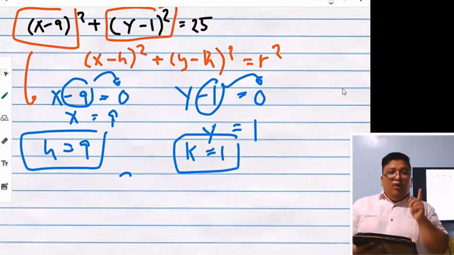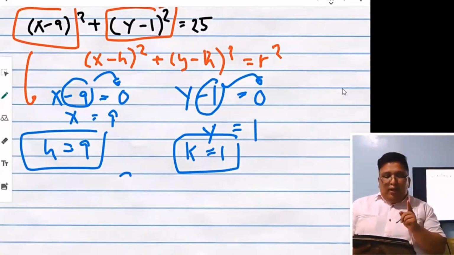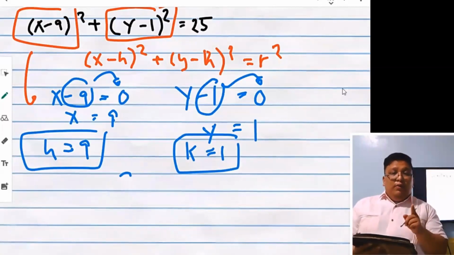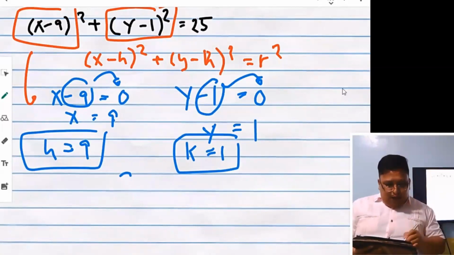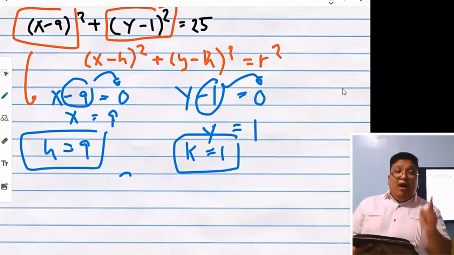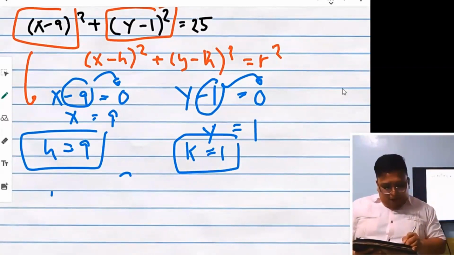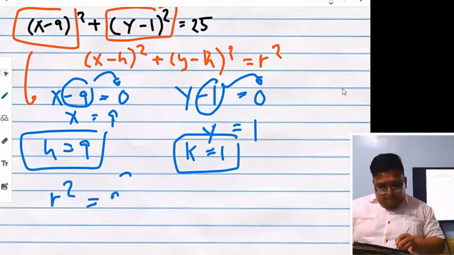So what's next? We're going to find our radius. In order to find the radius, we need to obey the rule. We need to put it in our equation. Our equation is (x minus h) squared plus (y minus k) squared is equal to r squared, and r is our radius. So we have now r squared is equal to 25.